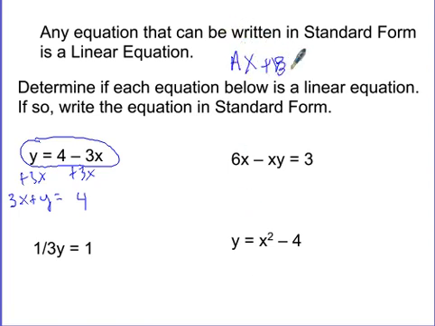In this standard form of equation, x does not have an exponent. So would you have to divide by x to get rid of it? Then you would have a different equation. You'd end up with x minus y over x equals negative 4 over x.